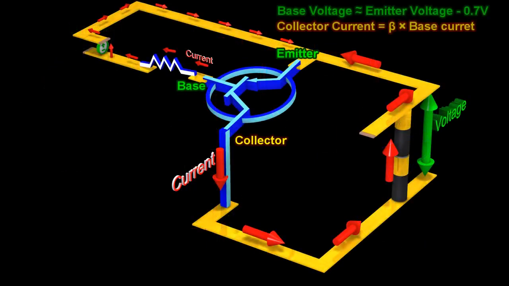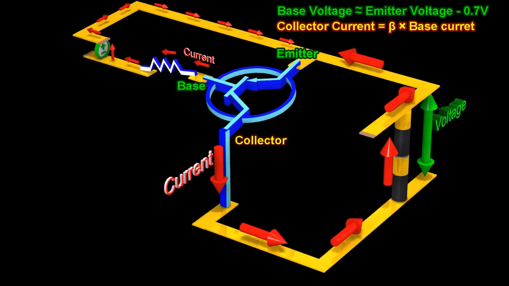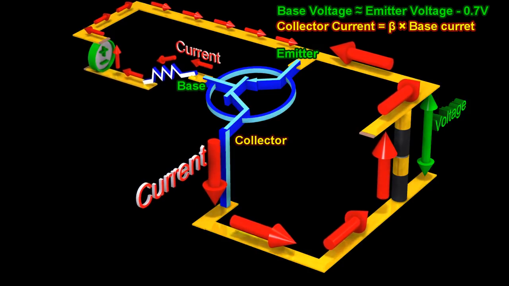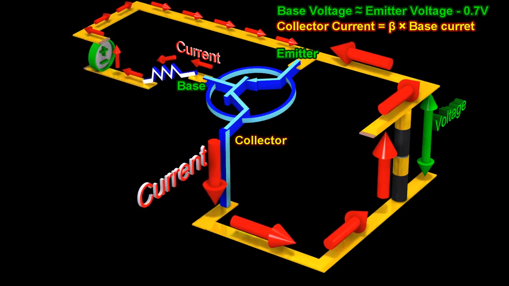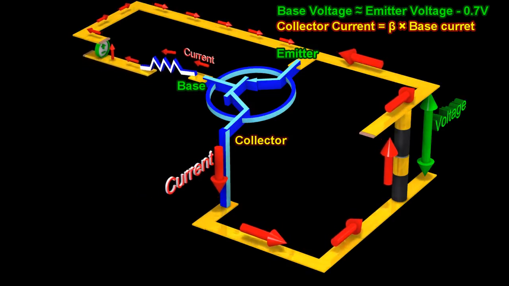Here, when the current is flowing, the difference between the base voltage and the emitter voltage stays at about 0.7 volts, and the collector current is the base current multiplied by a large constant number.